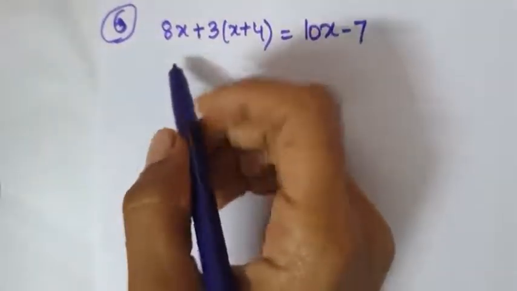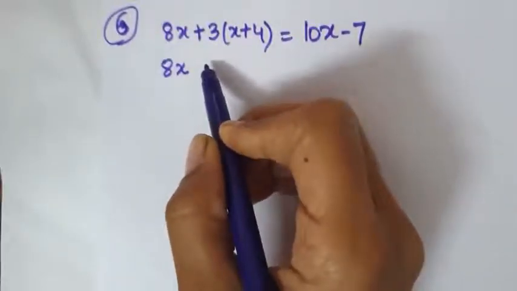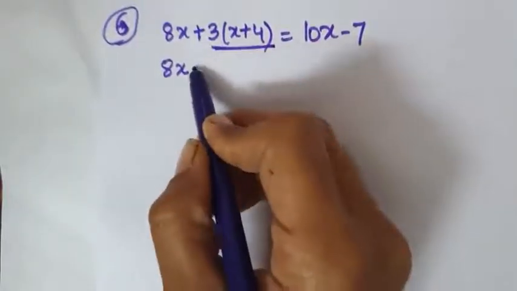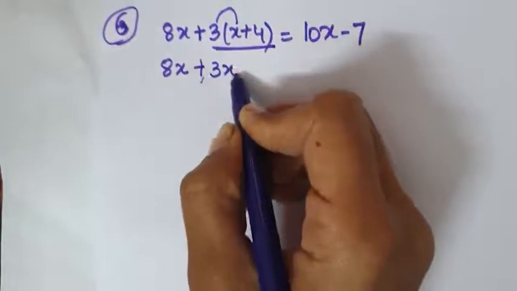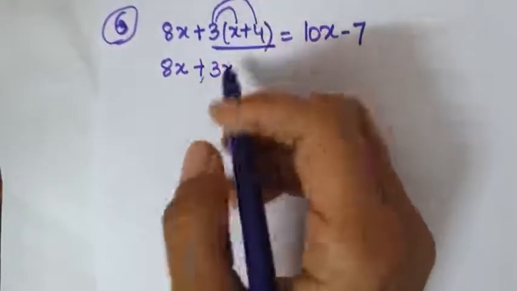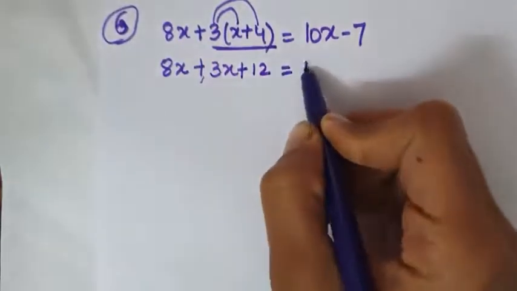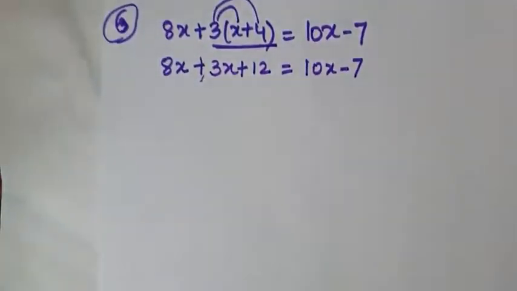So now in the left hand side, what we will do? We will open the bracket. 3 into x, 3x, 3 into 4, 12 is equal to 10x minus 7.